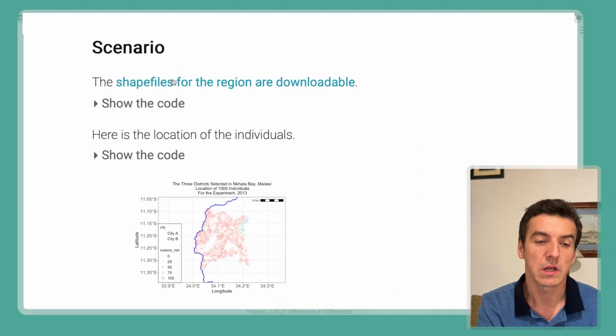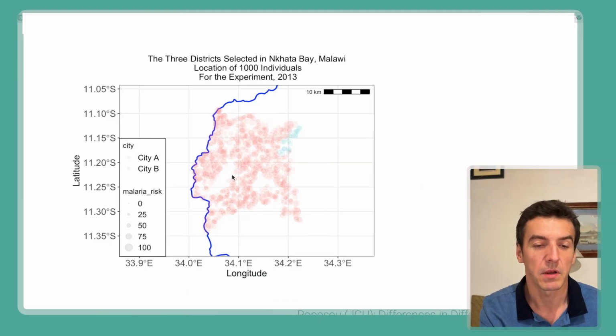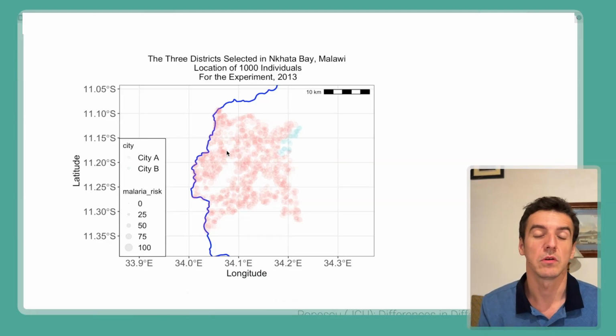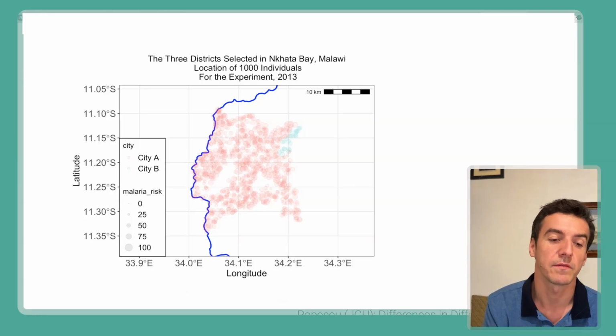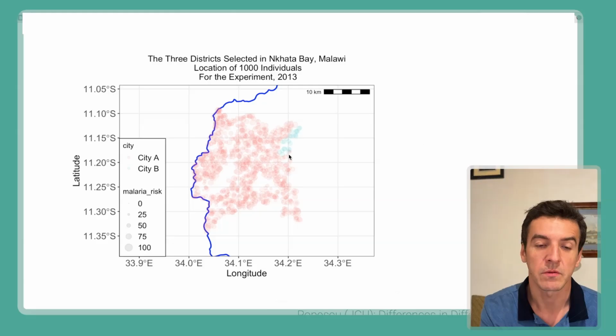You can also download the shapefiles here to produce a map that looks like this, to produce a map of malaria or where the experiment is taking place. I just mapped it so that you can visualize this notion of differences in differences more effectively. We have two cities, City A and City B. City B is the one that receives the treatment.